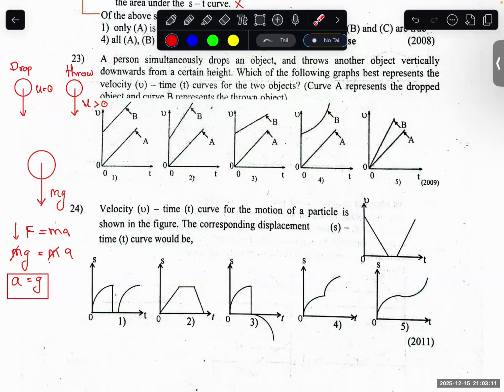Now, one question came. In old past papers, they put a statement like: when an object is thrown upwards with a very high velocity, it can overcome the gravitational deceleration. Is that a correct statement? Wrong. Once you throw, after that nothing is touching it to provide additional force to overcome gravity.